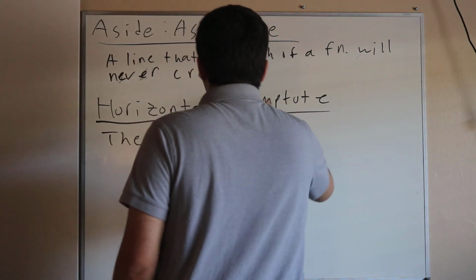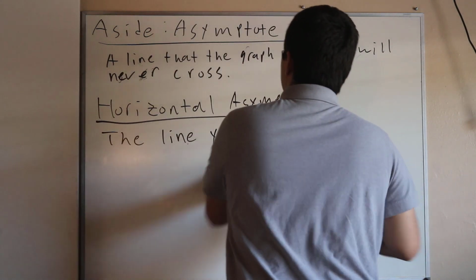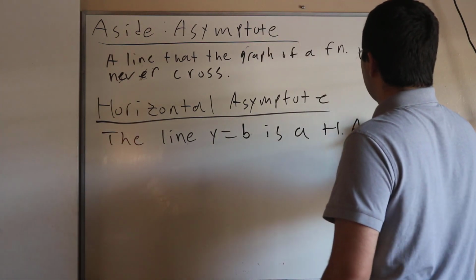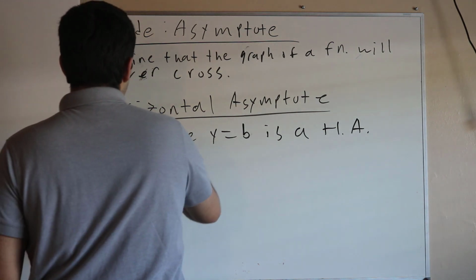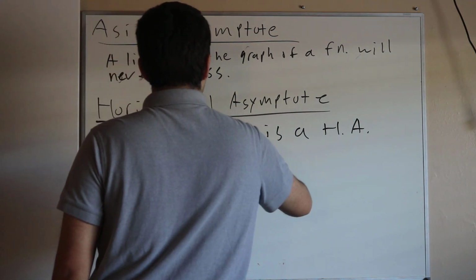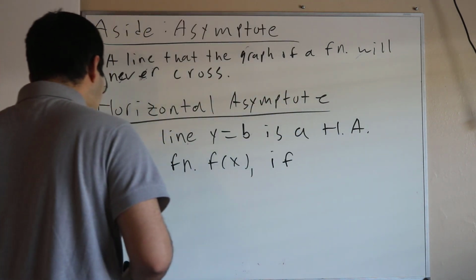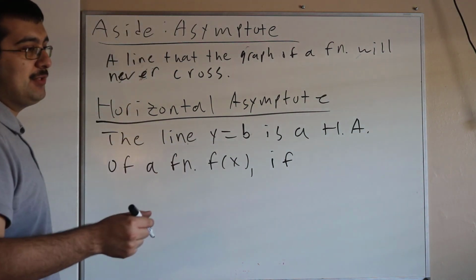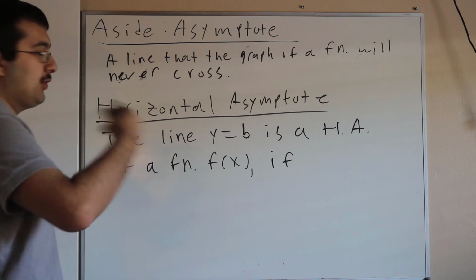The line y equals b is a horizontal asymptote of a function f of x if, okay, I'm going to have to introduce some mathematical notation, so I'm just going to write it all out and then we're going to discuss it, alright?